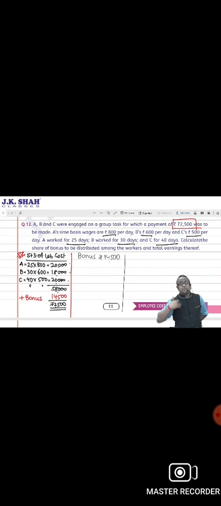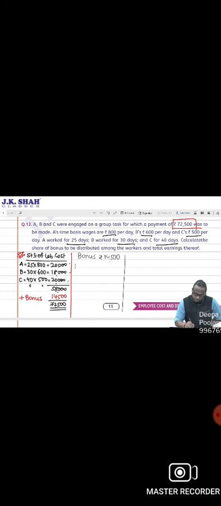Your rate will be high, my rate will be low. But your work will be less, my work will be more, because unskilled workers work more. That's how the labor cost is reduced. Correct? So if you are working for 25 days and I am working for 40 days, that doesn't make me great. That doesn't make me a deserving candidate to get more bonus. I hope you're understanding this.